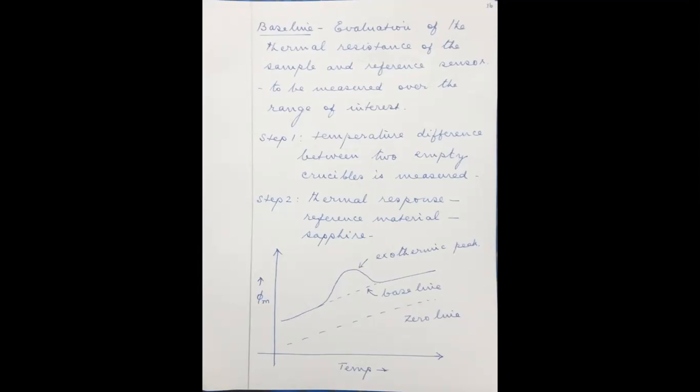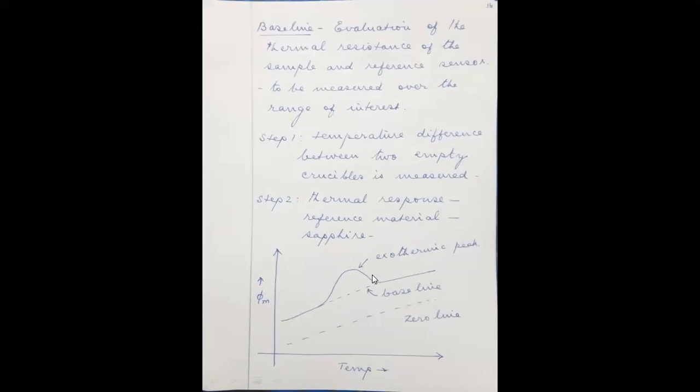So step 1, temperature difference between two empty crucibles is measured. Step 2, the thermal response of the reference material and the substance taken are measured. Normally the reference material used is sapphire. So if an exothermic process is taking place in the differential scanning calorimetry, you will get a positive peak.